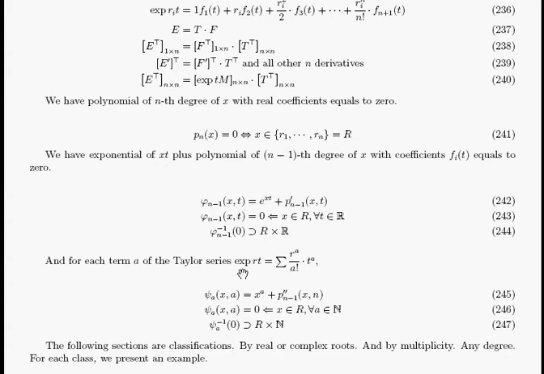And taking the exponential of rt, the Taylor series, r to the power a over a factorial times t to the power a, for each a in N, we have a countable quantity of equations, x to the power a plus a polynomial of degree n minus 1 in x equals 0. Again, this preserves R, but has degree a. It has more roots than n.